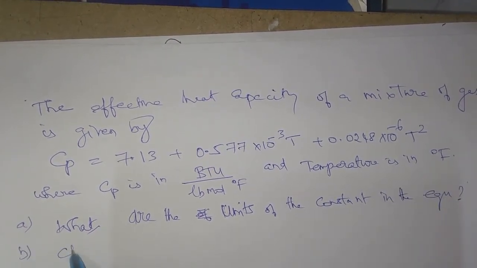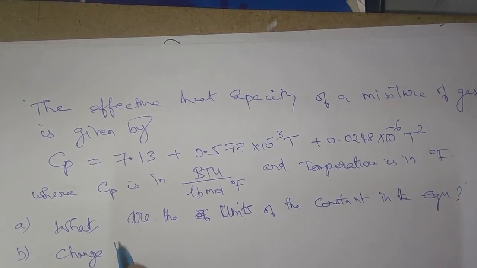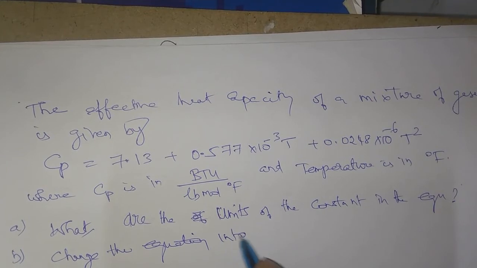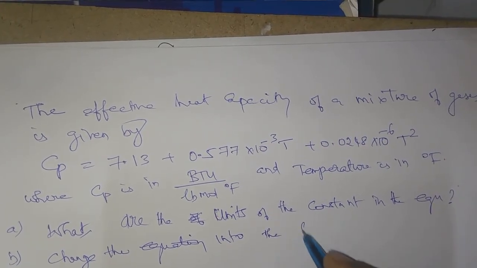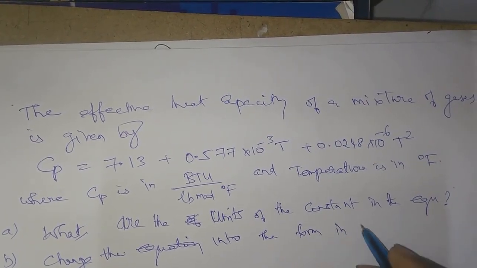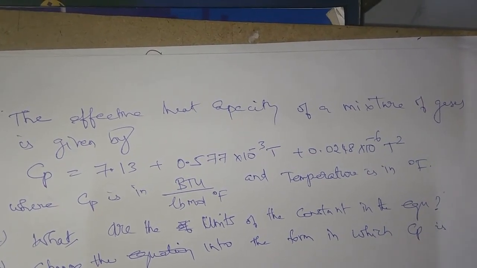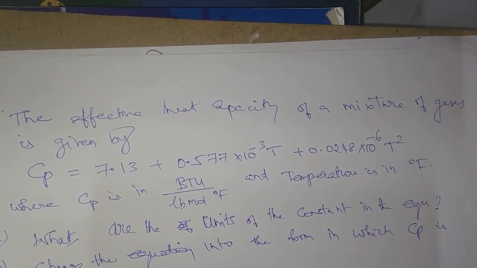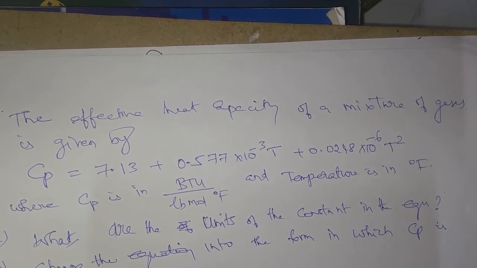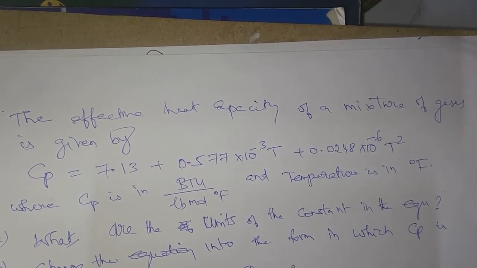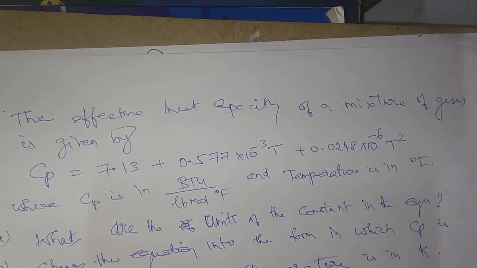B part is, change the equation into the form in which Cp is given in kilojoule per kilomole Kelvin and temperature is in Kelvin.